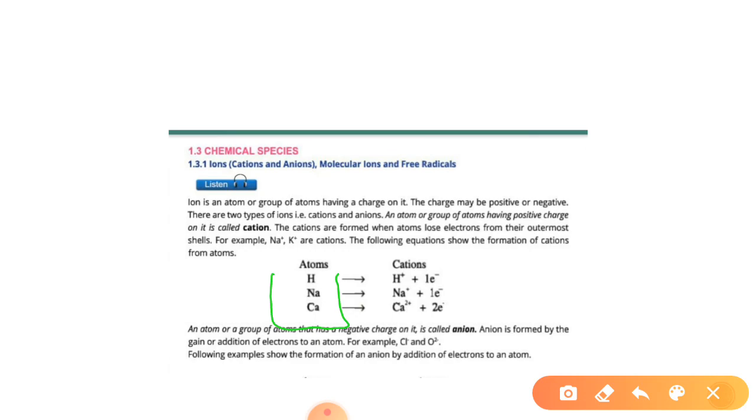Because they contain neither positive nor negative charge. Whereas when a neutral atom loses an electron, meaning an electron from its outer shell is removed, now it becomes positive. The atom becomes positive because an electron is lost. By adding this electron back, it will become neutral.